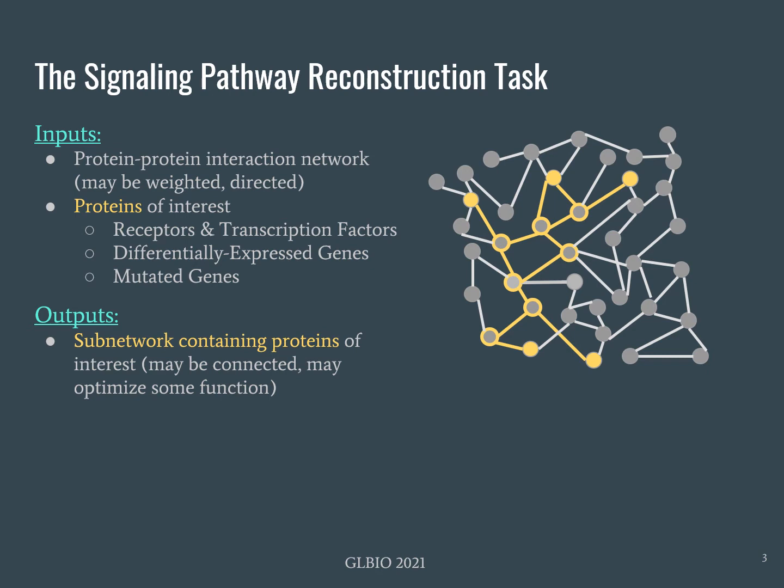I also want to mention here that we're keeping things very high level right now. There's no notion of being connected or directionality or various node scores or edge scores, but we know that this task does involve reconstructing some kind of subnetwork given this bigger background PPI and some subset of nodes. That is the main general idea.